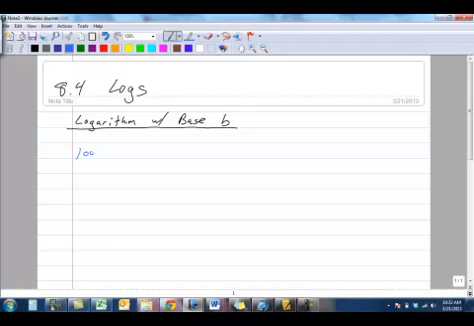If we have log base b of y, this base b is like a subscript, like y sub 2, so it's log sub b of y is equal to x if and only if b to the x power is equal to y.